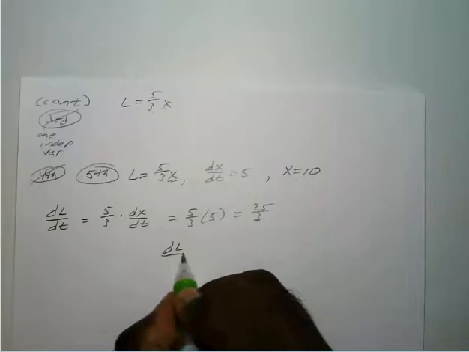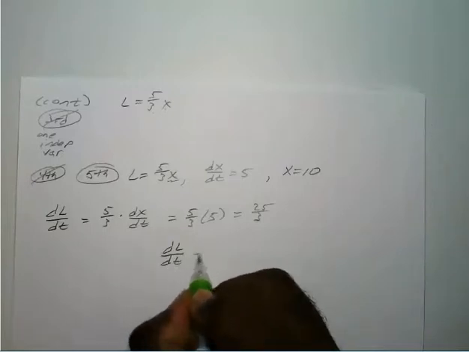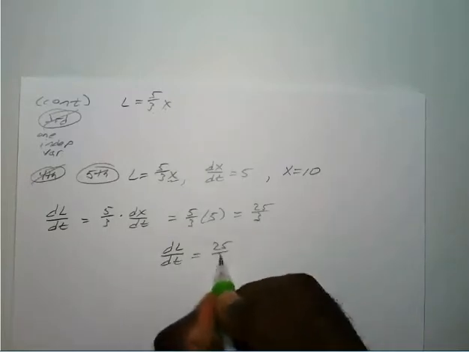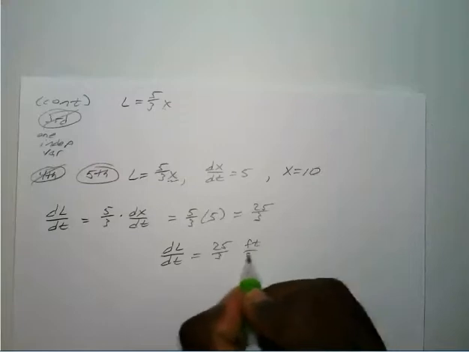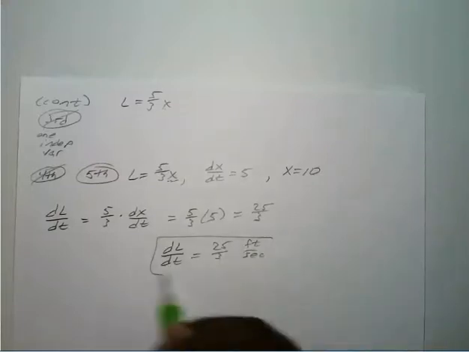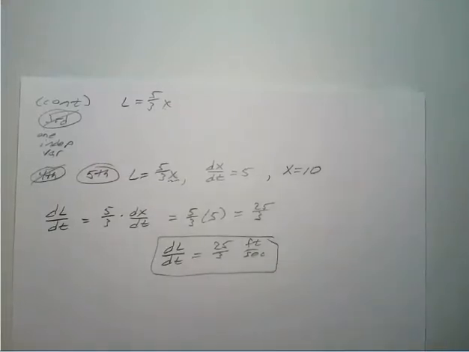So our rate of change of L with respect to t is equal to 25 over 3 feet per second. That tells us exactly the rate that the tip of his shadow is moving. Not him, but just the tip of his shadow.